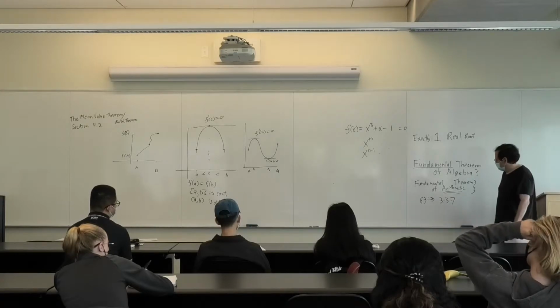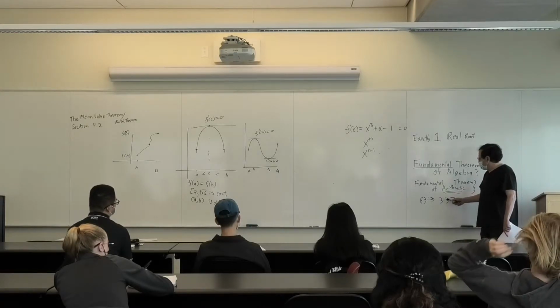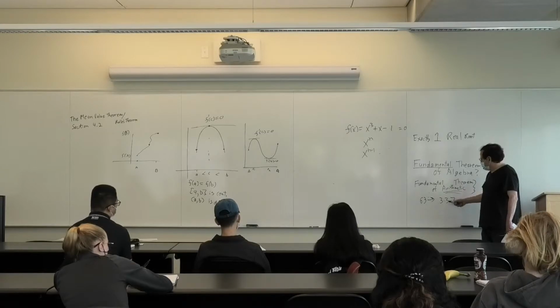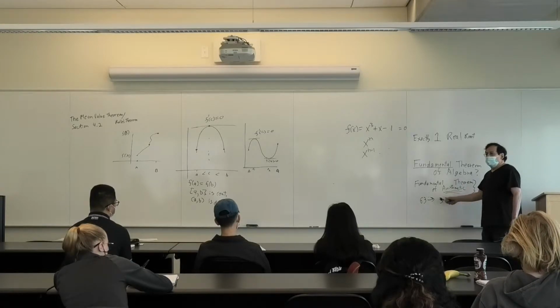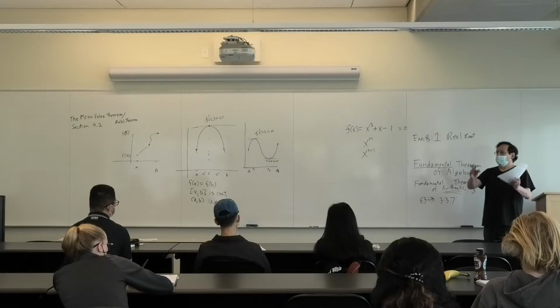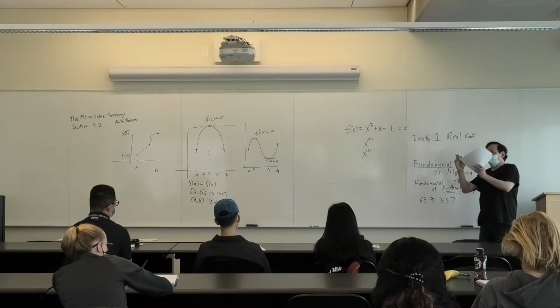Exactly correct. The fundamental theorem of arithmetic says, aside from switching the order, there's only one way to do this. So there's no number where you can break it up into one set of primes or a different set of primes.